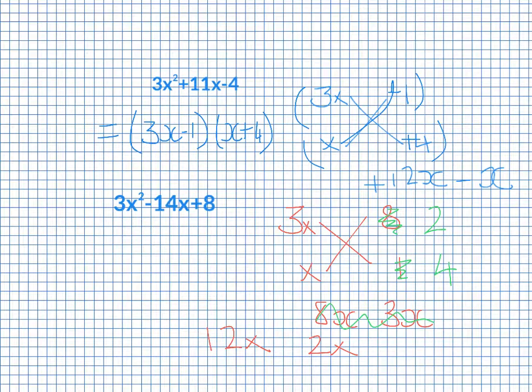I want to create a total of negative 14, so I'd need to have negative 12x and negative 2x, which means both these numbers would need to be negative. And that works because negative 2 times negative 4 would give me positive 8. Negative 2x, take away 12x, will give me negative 14. So the brackets go here and here, which gives me 3x minus 2 times x minus 4.